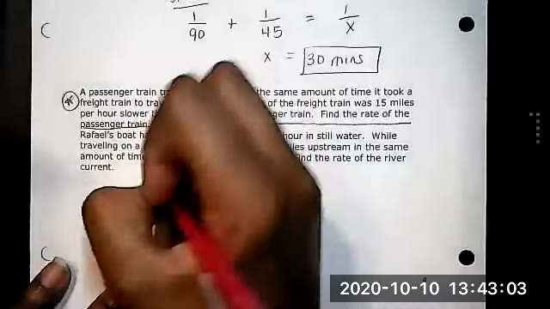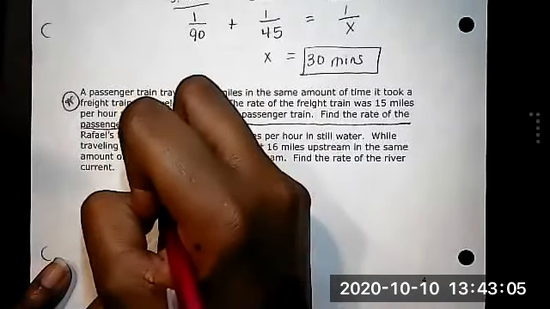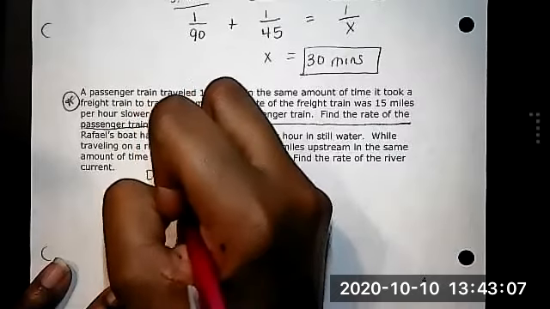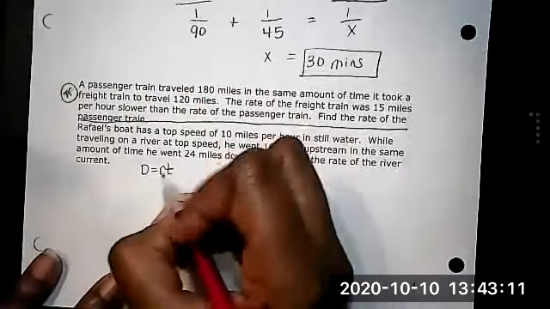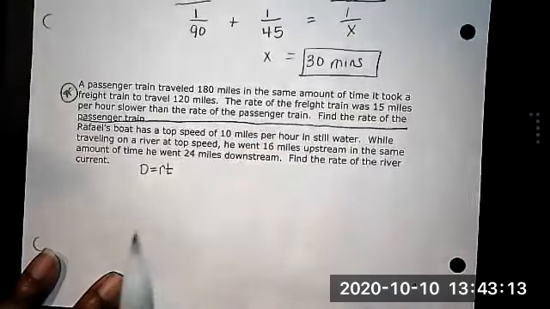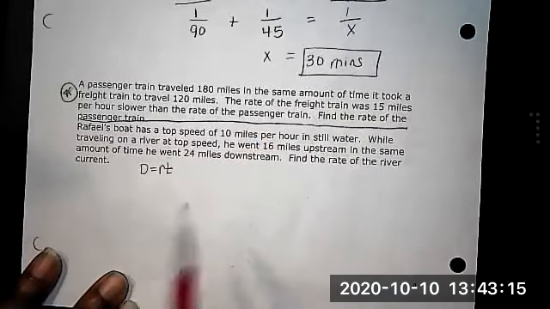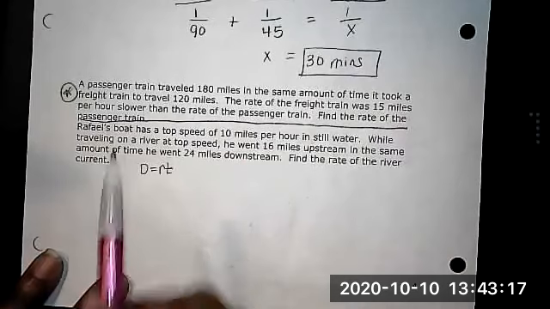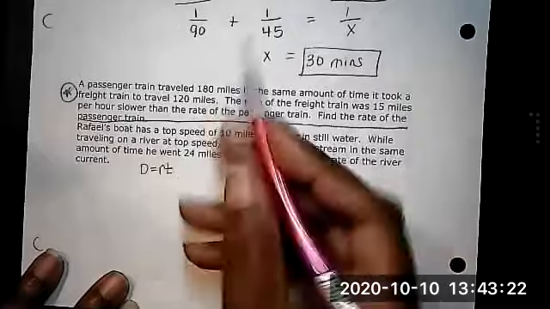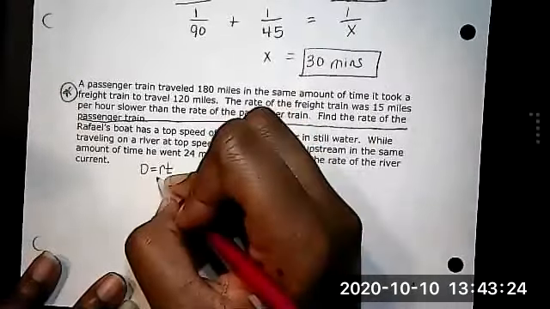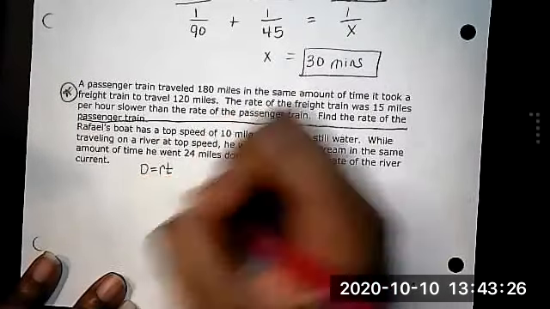So what you need to know about this is distance equals rate times time. Also, if you had to get time by itself, which for these problems you need to know how to do, how would we get the t by itself? We'd have to divide by r on both sides.